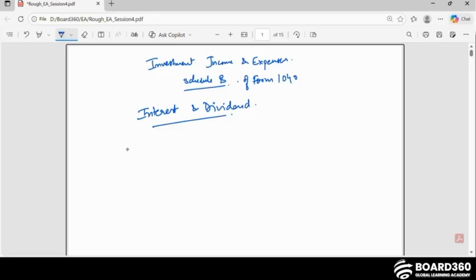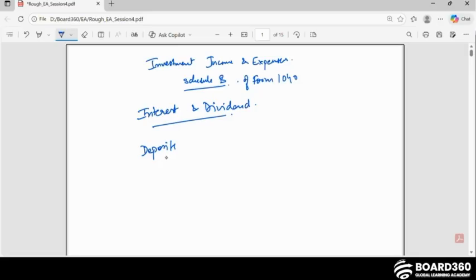Starting with interest income: you may earn interest from deposits like savings or fixed deposits, such as money deposited in the bank or money markets, or from notes receivable or bonds, right?